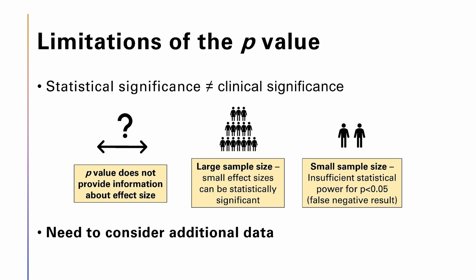So let us look at some scenarios where the p-value can be misleading. In cases where there is a large sample size, a small difference in effect can still result in a small p-value less than 0.05.